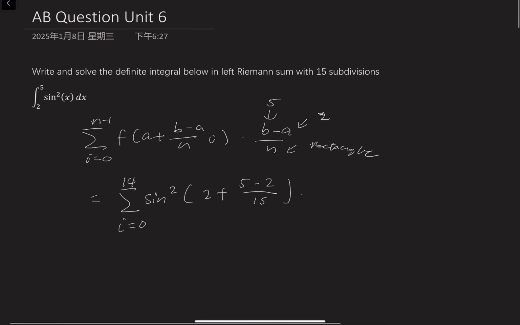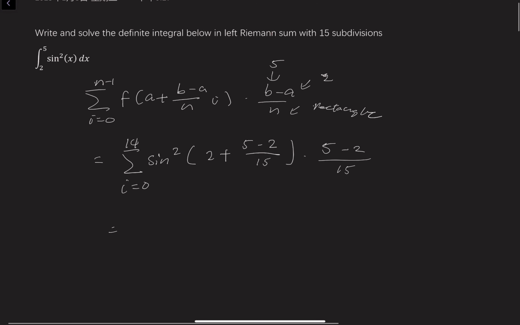Multiply by b, which is 5, minus a, which is 2, over n, which is 15. So this is the sum from i equal to 0 to 14 of sine squared of 2 plus 1 over 5 i, times 1 over 5.